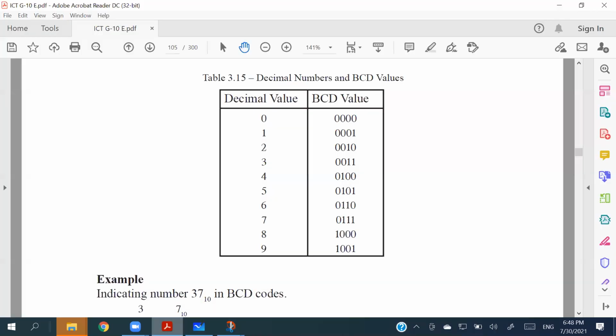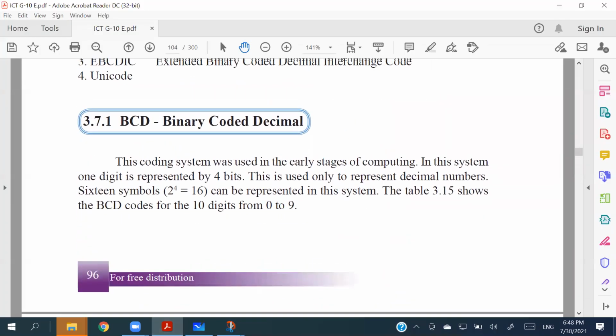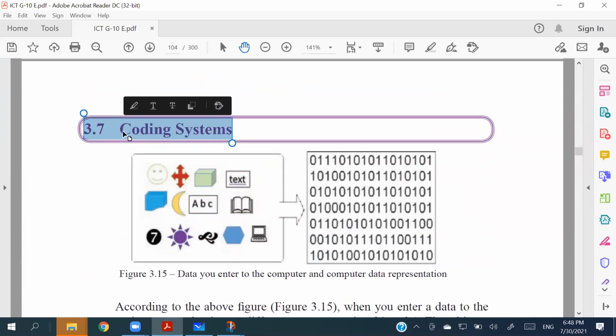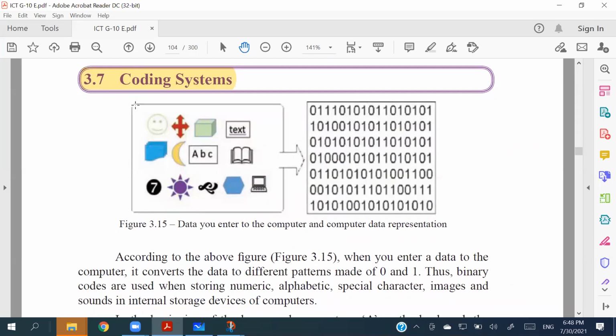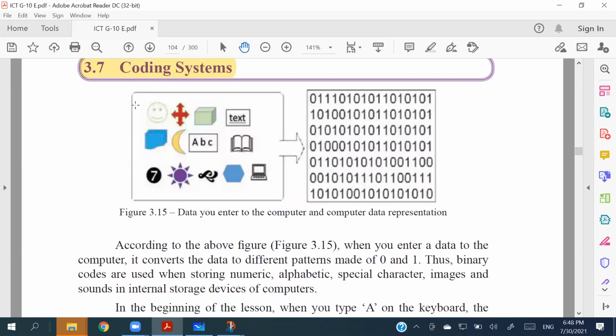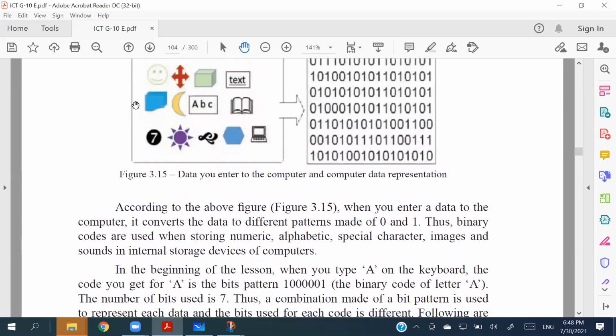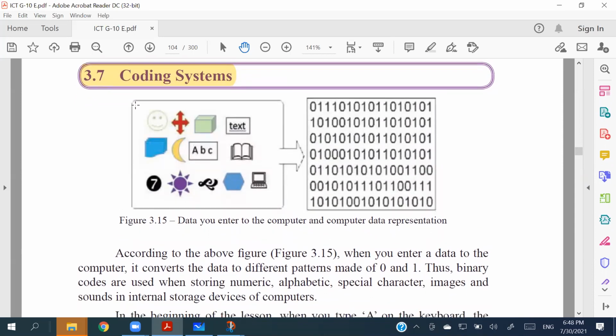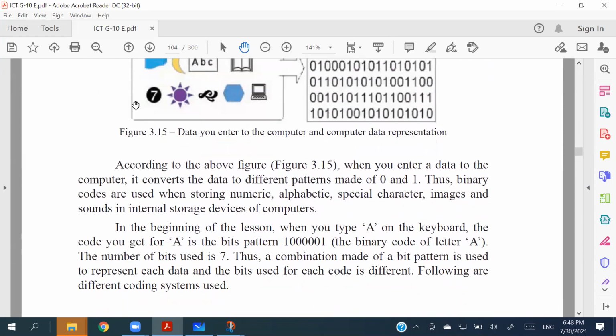All right, let's write down about the BCD, right? Have this heading, coding systems. The main heading is coding systems, and you don't need to go through this explanation over here.